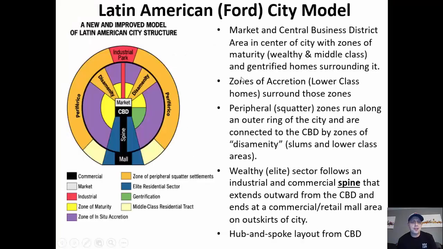Okay, so the Latin American model is developed by a geographer with the last name Ford. It tries to explain how Latin American cities have developed up until today in contrast to American cities. So, first off, a Latin American city is going to have a central business district. That's going to be a traditional one, all right?